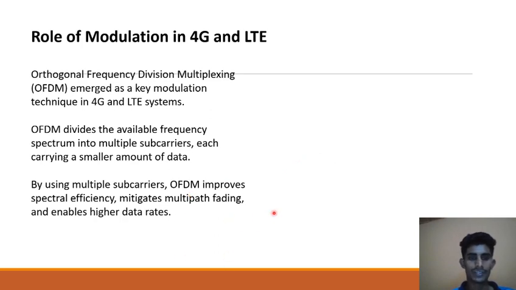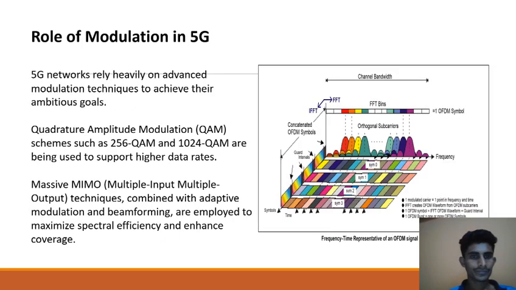OFDM divides the available frequency spectrum into multiple subcarriers, each carrying a smaller amount of data. By using multiple subcarriers, OFDM improves spectral efficiency, mitigates multipath fading, and enables higher data rates.